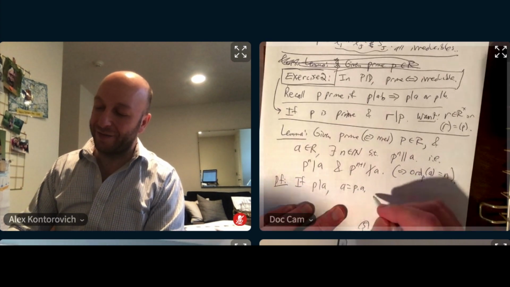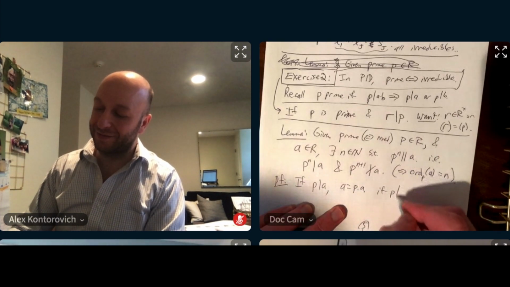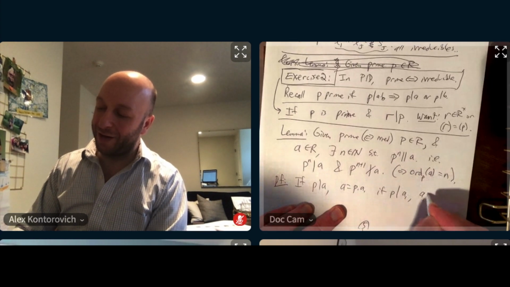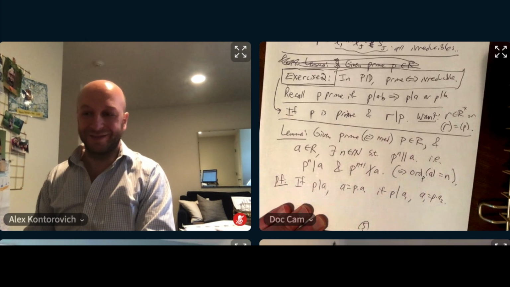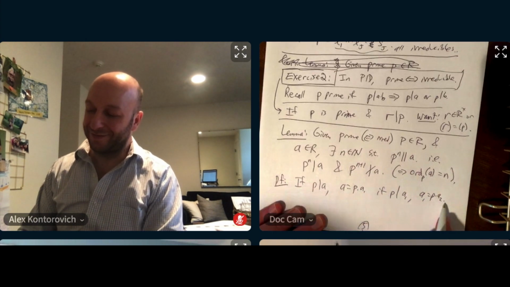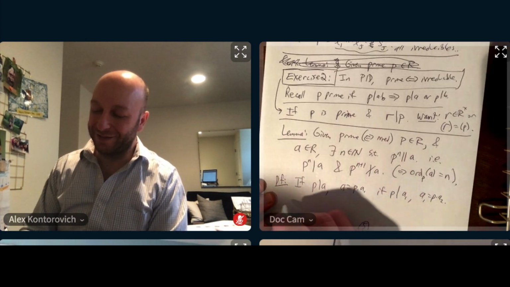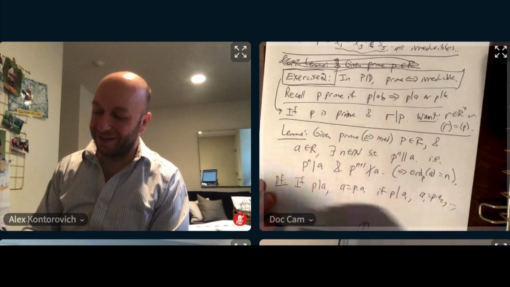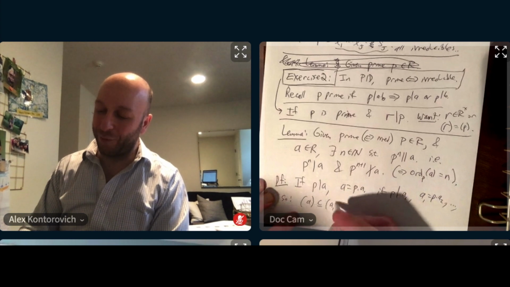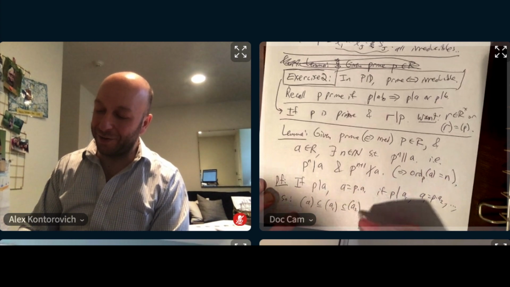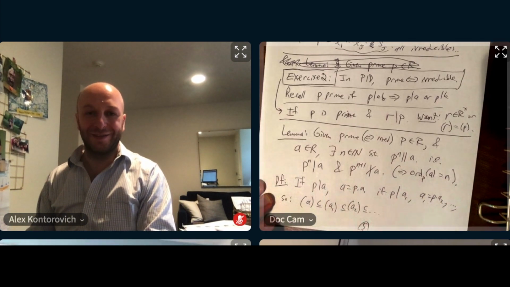And if P divides A1, then A1 is P times A2. And so we get this chain, dot, dot, dot. So we get a chain, A contained in A1, contained in A2, and so on.